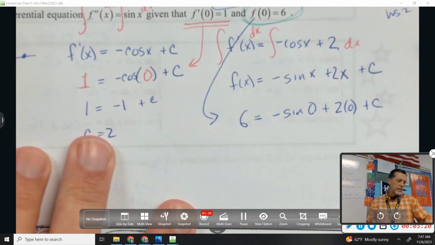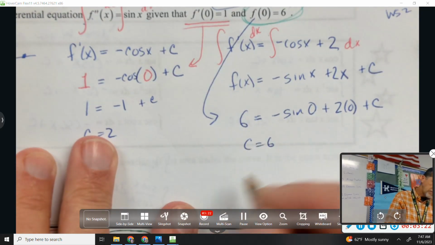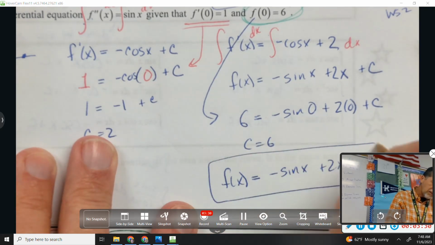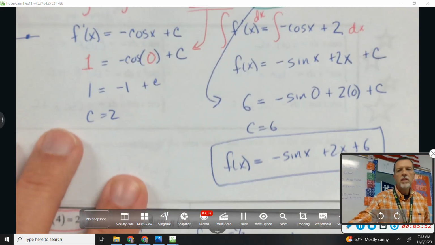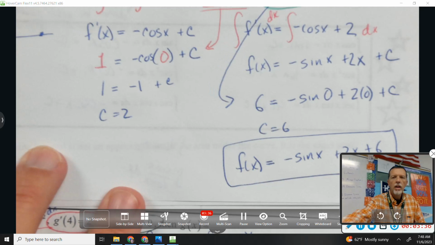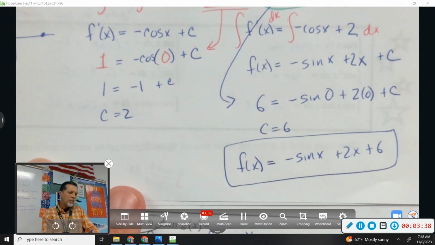So c is 6. So f of x is negative sine of x, plus 2x, plus 6. I think we addressed this last week.